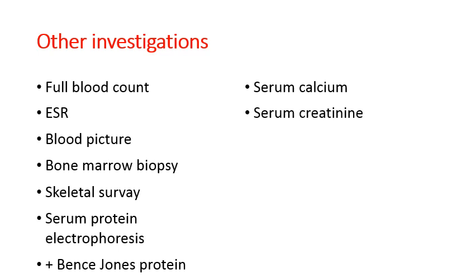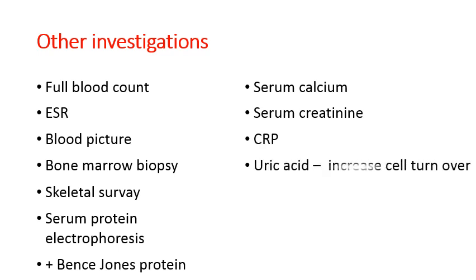Then multiple myeloma can cause renal disease due to various methods. So you have to check the serum creatinine and see whether the patient has renal involvement. And then it can cause recurrent infections, so CRP is important.